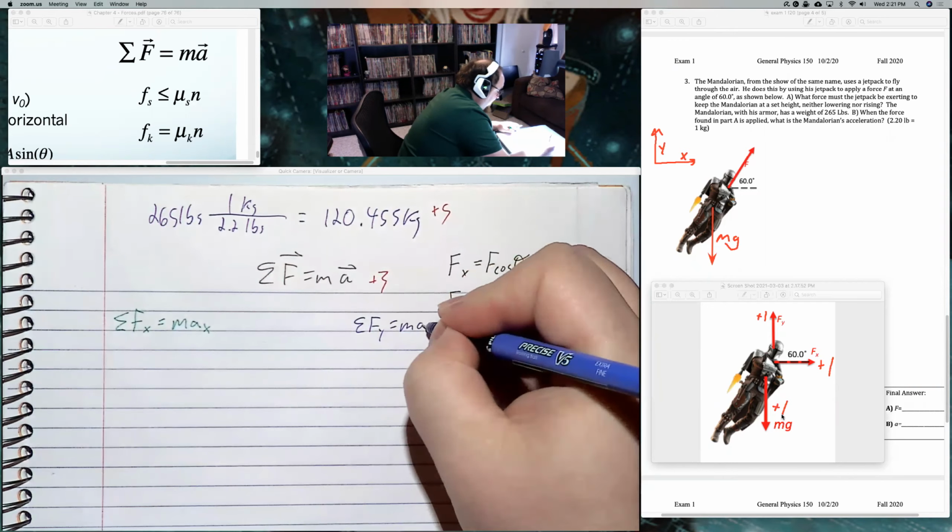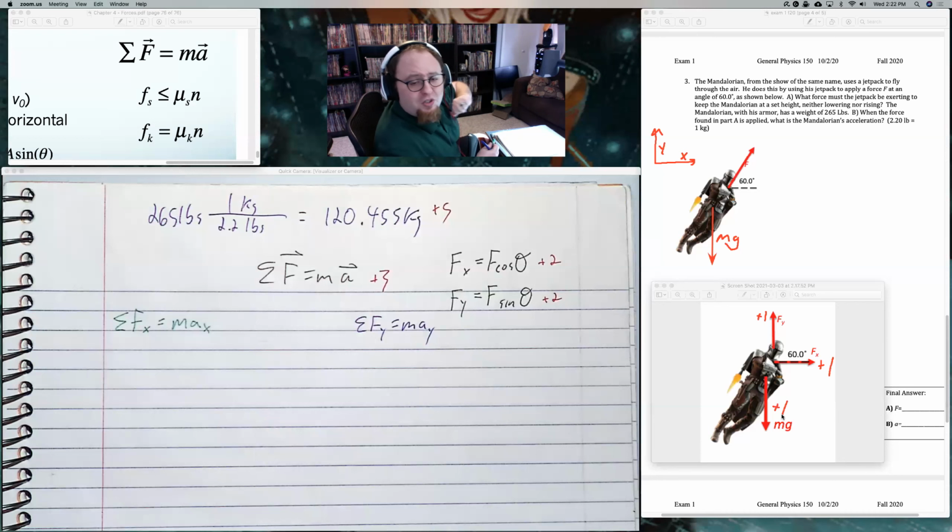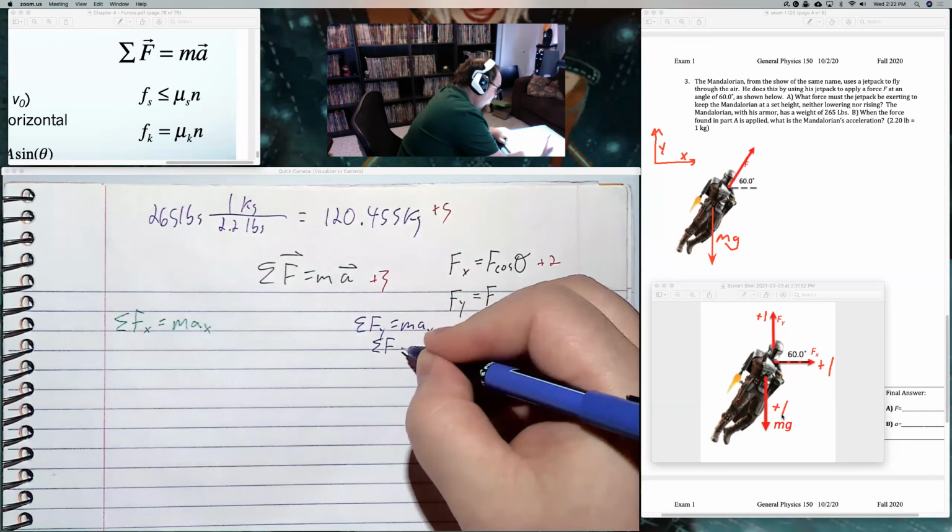And I'm going to start with my y equation this time. I normally start with my x for no apparent reason. But the first bit says, what force must the jetpack be exerting to keep him at the set height, neither lowering or rising? If he is lowering or rising, that's talking about acceleration in y. And if he's not changing his height in y, if he's stationary in y, that means he has no acceleration in y.